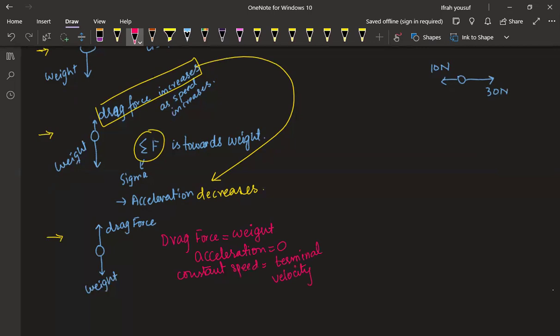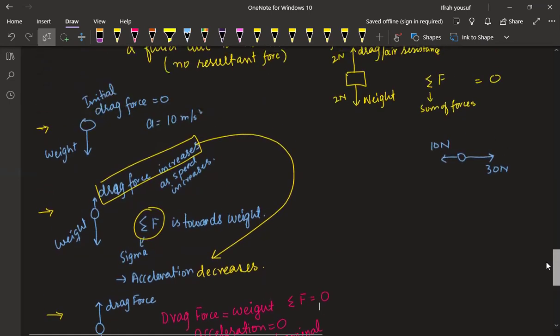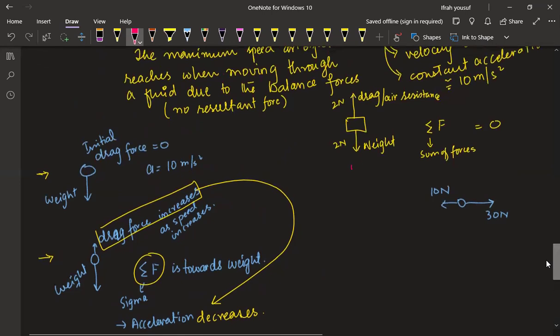And what we can say, if the drag and weight become equal, we can say the sum of all forces equals zero. Why am I saying that the sum of forces equals zero? That means if the upward force and the downward force are equal in magnitude, so this is going to be the case that I have discussed here.